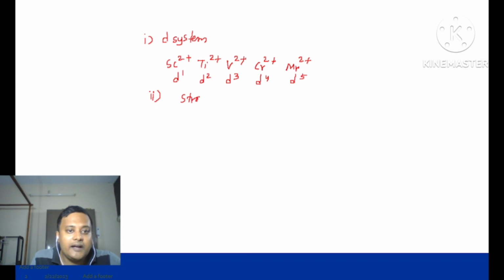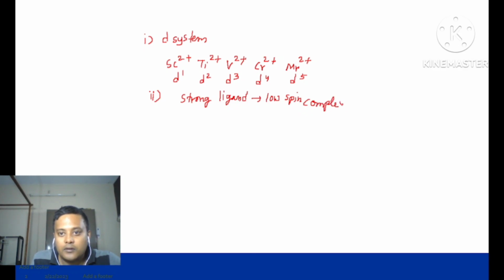So a strong ligand will form a low spin complex. Now what are the strong ligands? Generally those which contain carbon, for example CN minus and CO. These two mainly we will use as strong ligands.